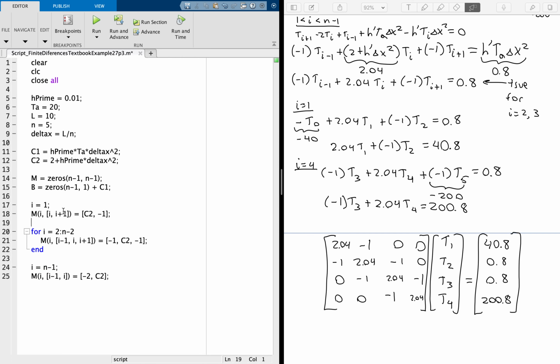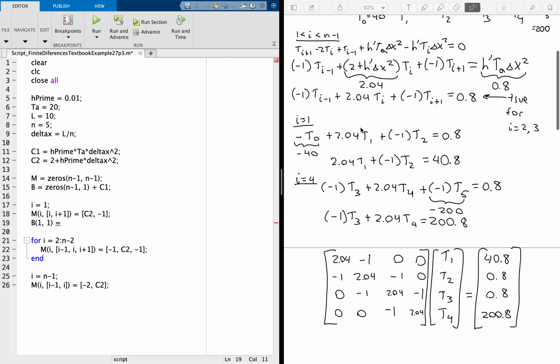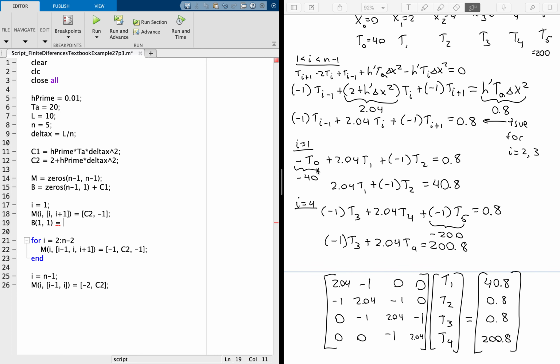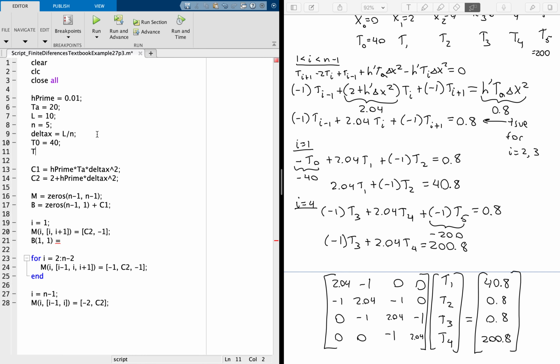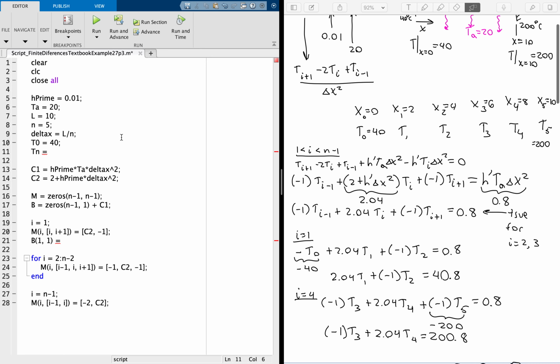So we're going to need to set the B terms too. B of 1, comma 1 equals, let's see what that would be. It's going to equal T0 plus C1. Have we defined T0? Let's do that now. T0 equals 40, Tn equals 200.